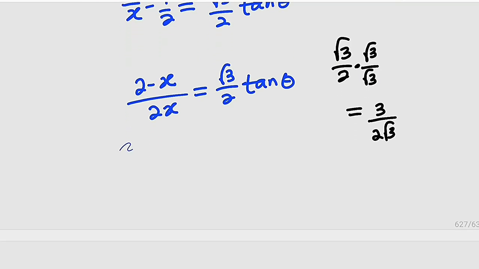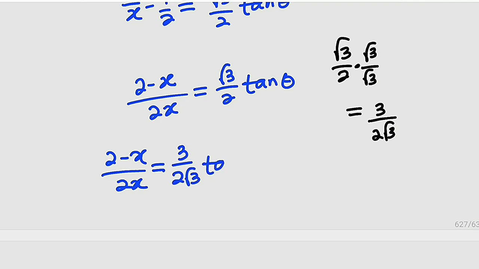So this is 2 minus x divided by 2x equal to 3 divided by 2 root 3 tangent of theta. So let us make tangent of theta the subject by multiplying both sides by the reciprocal of this, which is going to give us 2 root 3 divided by 3. So we are going to multiply this by 2 root 3 divided by 3. We also have to do it here, 2 root 3 divided by 3.